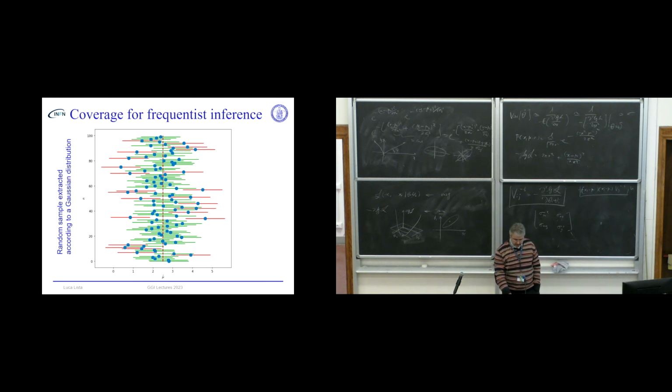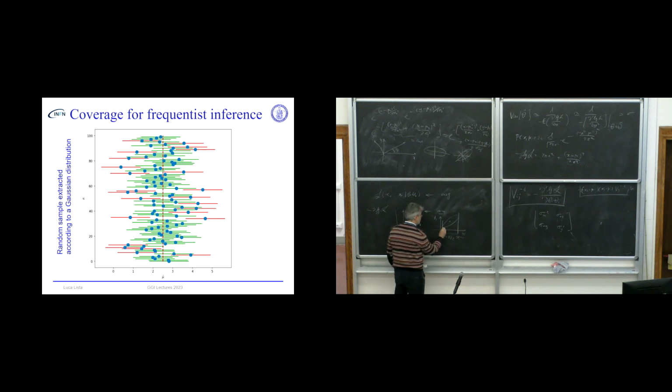So, how do you interpret an ellipse in this space? If you cut this at minimum plus 1, this means that if you project this on a one-dimensional histogram, this interval in theta 1, so you have theta 1 min, theta 1 max, will have a 68% probability content, a coverage in this sense.